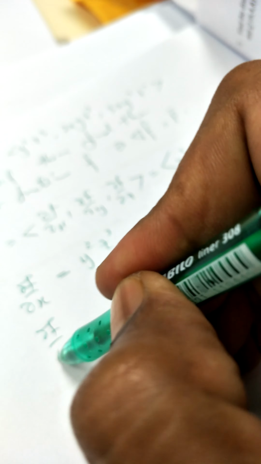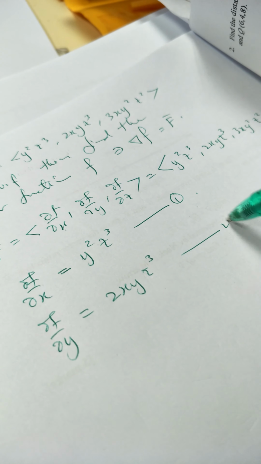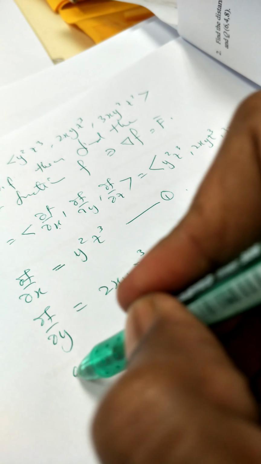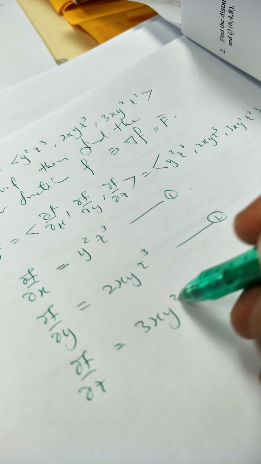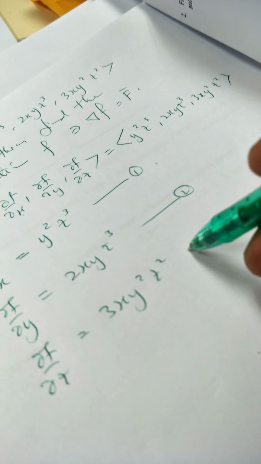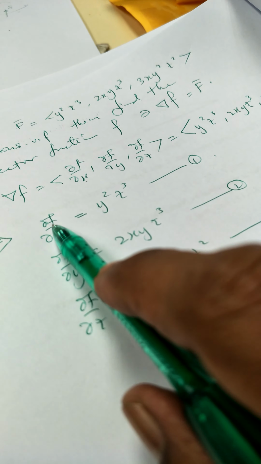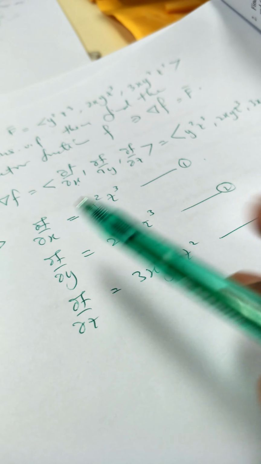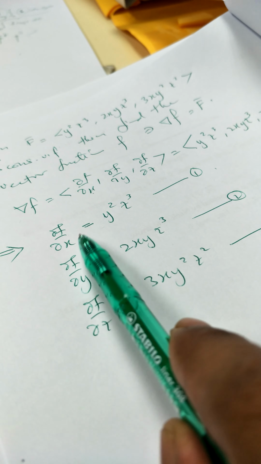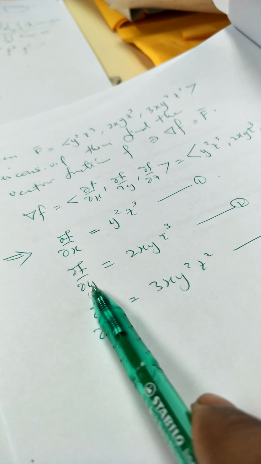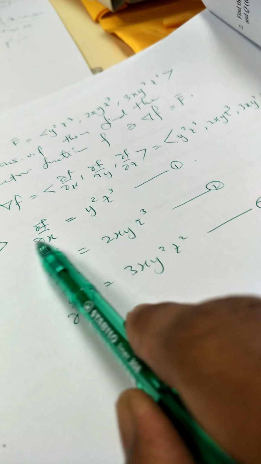Del f del y is equal to 2xyz cubed; the second equation. Del f del z is 3xy squared z squared; the third equation. Bear in mind, we want to find f. From this, you can find f by integrating with respect to x, y and z. So let's do it one by one.